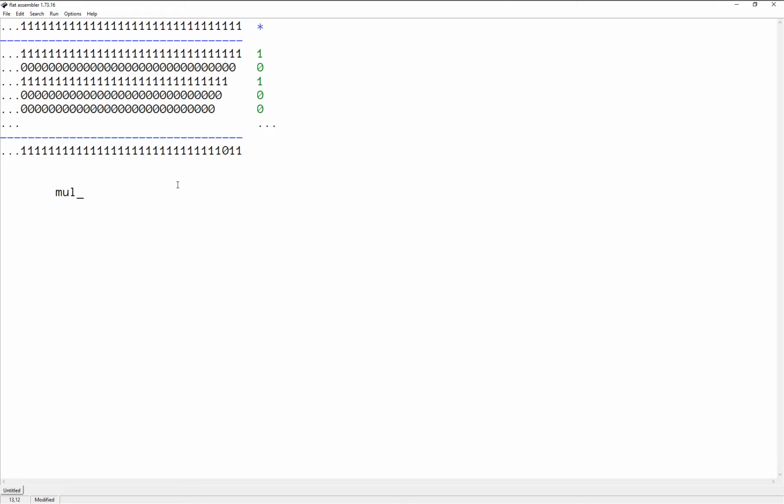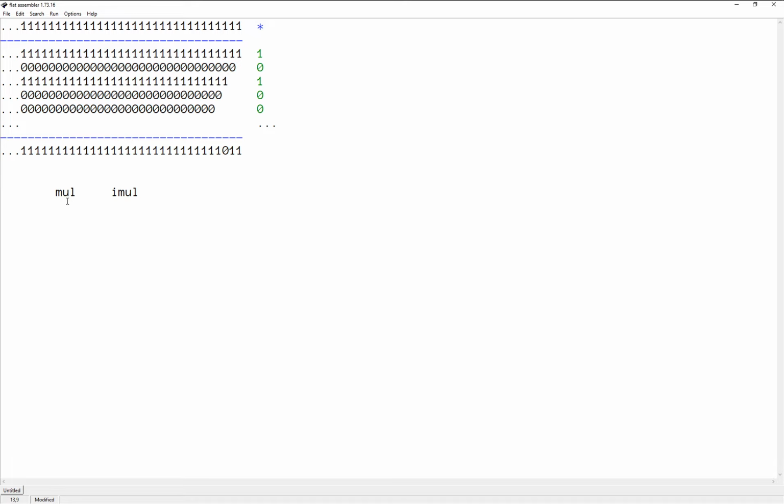But also, to know twice as many digits of the result as we have digits of the factors, we need to fill the upper halves of the factors with the sign extended bit or with zeros, depending whether this is zero extension or sign extension. And for this reason, we have two different instructions for multiplication.